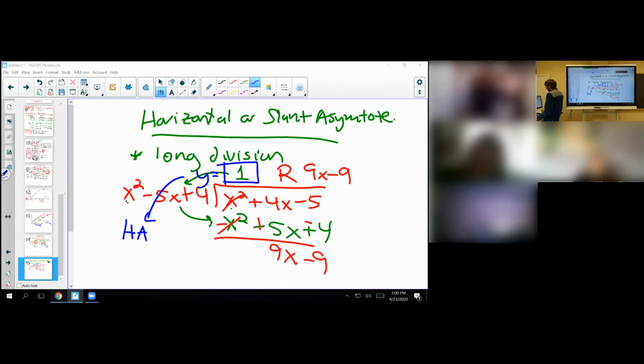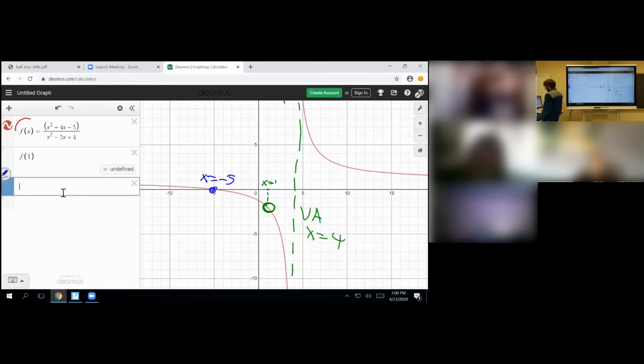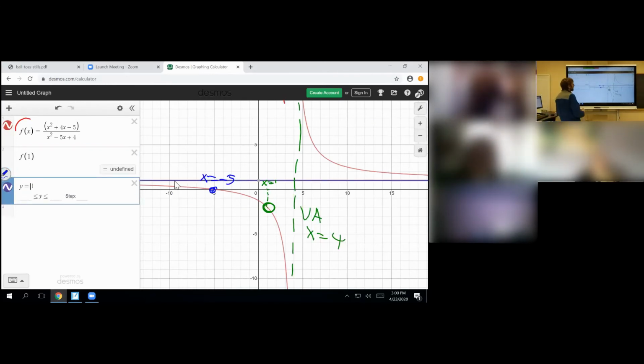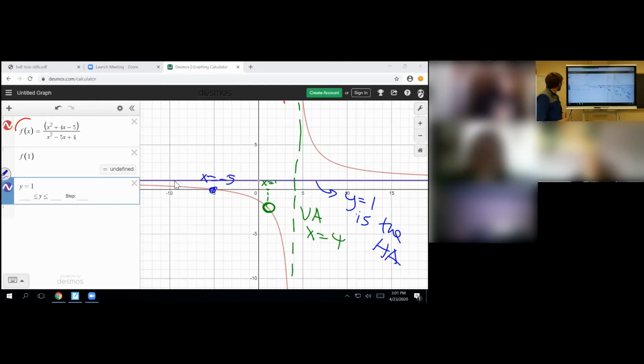So if I go back to Desmos and type in y equals 1, it creates this horizontal line. That is the HA. So the key is long division. In some sense, you don't really care about the remainder.